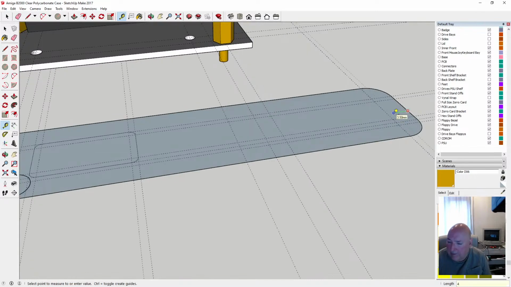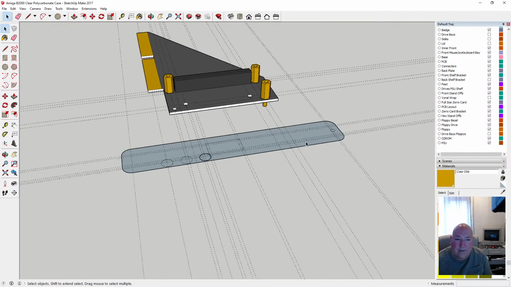So we want 4mm down, and we want a hole, and it needs to be 3mm. Let's say 3. It's not. It's 2.5mm. 1.25. Oh, we don't need to push that through. We haven't pushed anything through yet. So let's clean this up. Oh, we haven't finished yet.